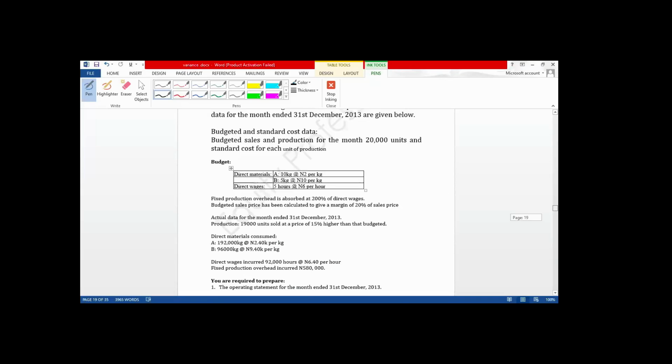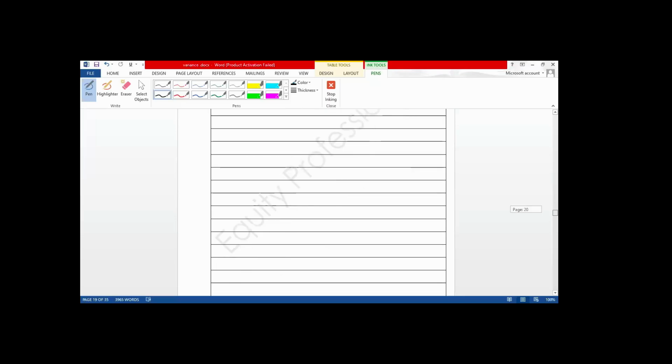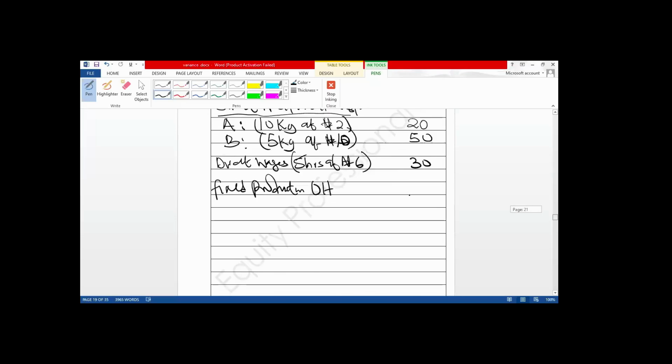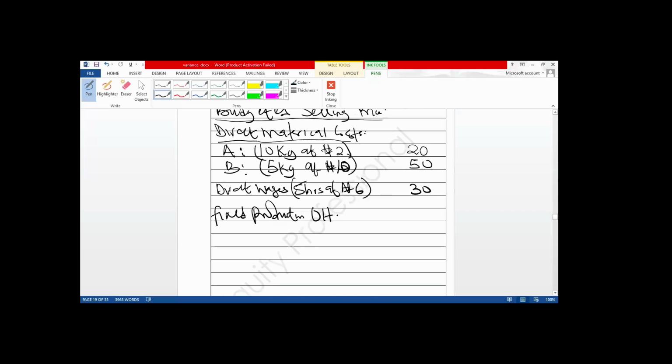Fixed production overhead is absorbed at 200% of direct wages. 200% of 30 naira will give you how much?